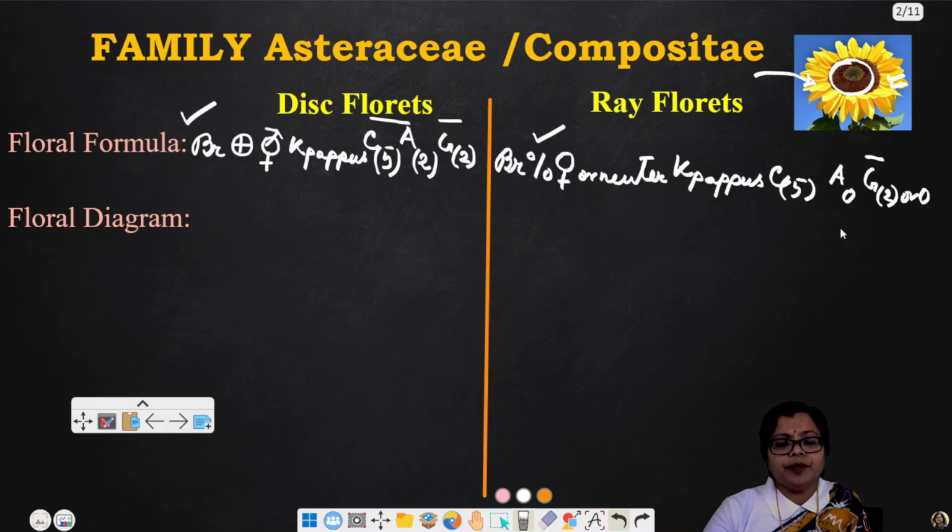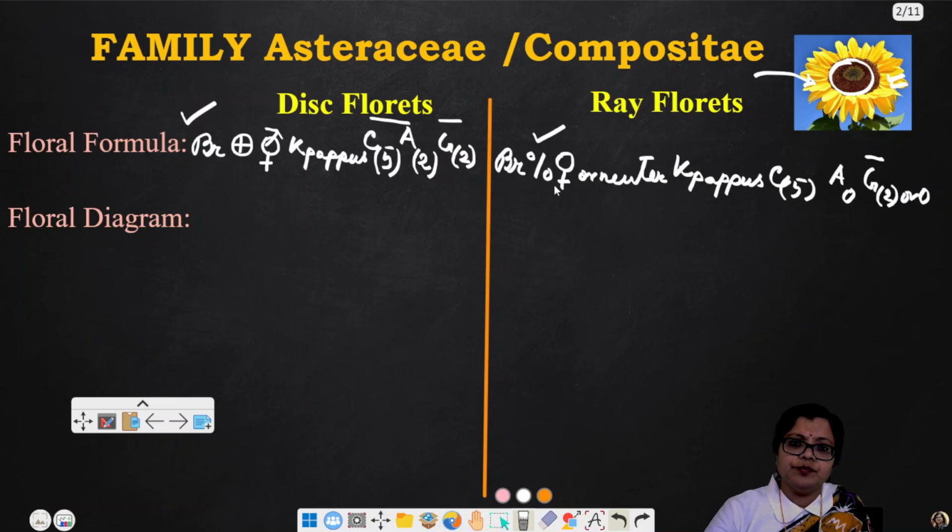In some books you may find the floral formula for the ray florets written twice. One is for the pistillate flower, and in that case the neuter word will not be there, and the 0 will not be written. And for the neuter florets written separately, there the pistillate symbol is not needed, only the neuter part is to be written, and here the G also will be 0.